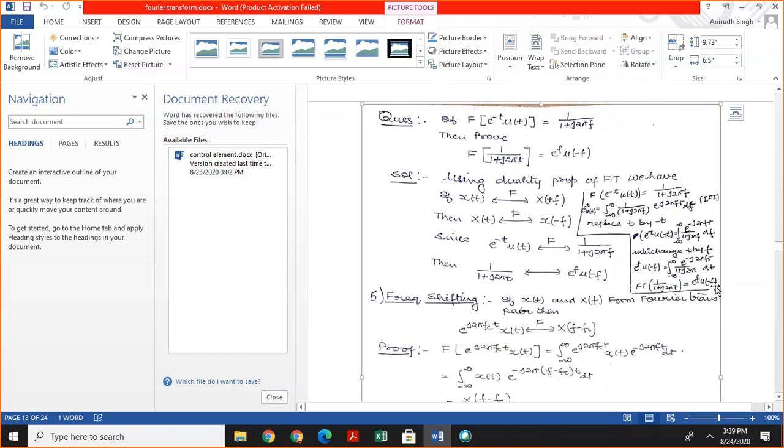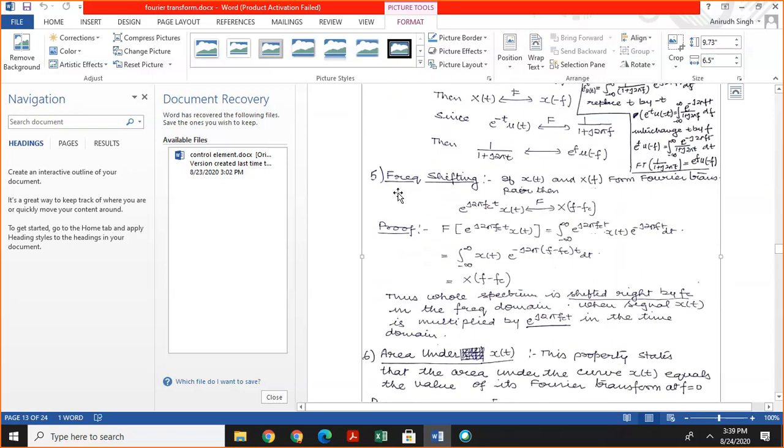So in proving the duality property, we can simply start with the inverse Fourier transform of x of t, then replace t by minus t and then interchange t by f, and we get the desired result.